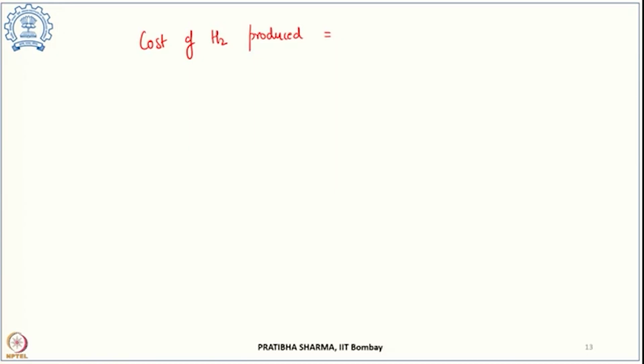Now, we have already studied in the course that it is the total cost including the fixed cost and the variable cost divided by the total hydrogen being produced. So, you will be calculating it as fixed cost plus the variable cost, and that is divided by the hydrogen being produced per day.